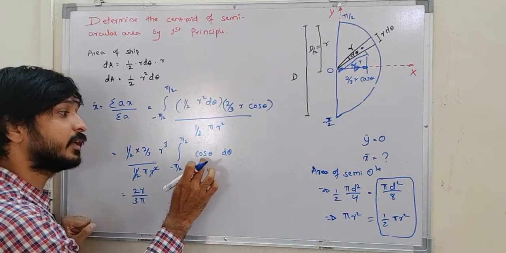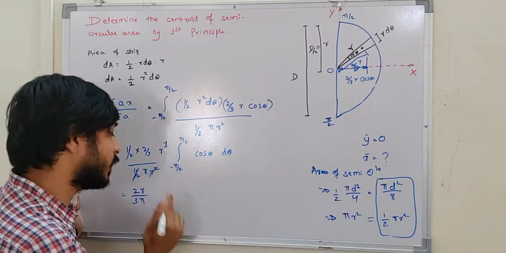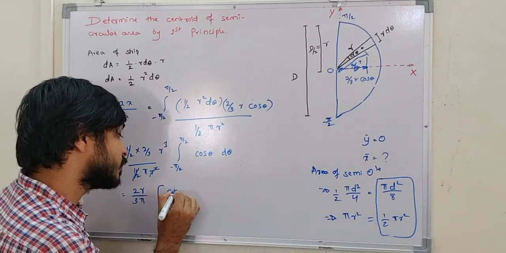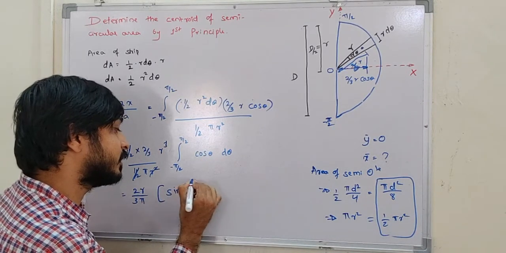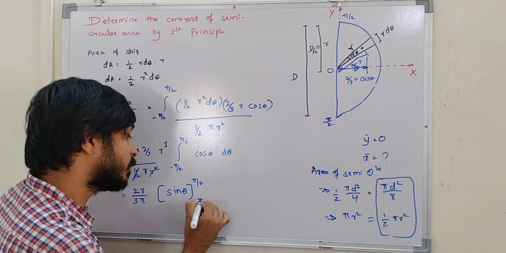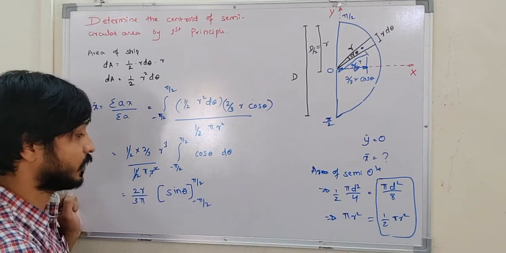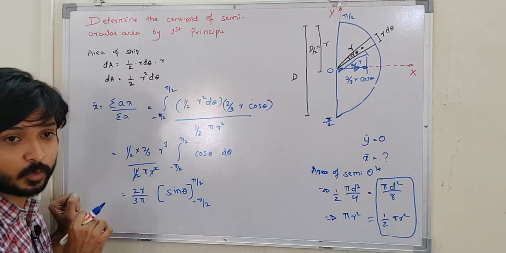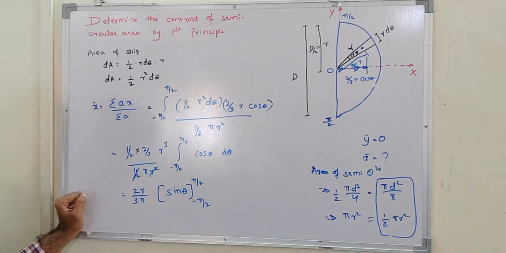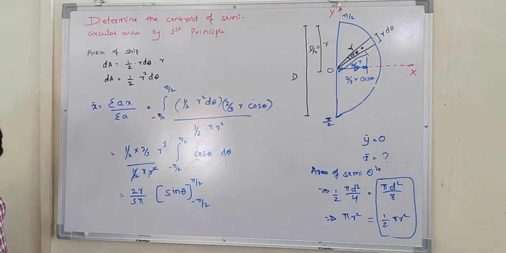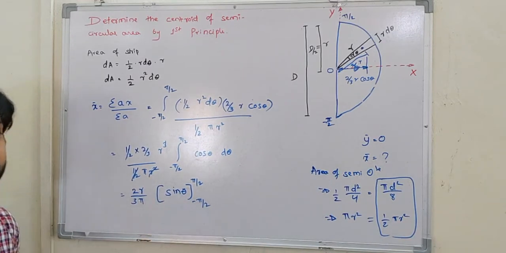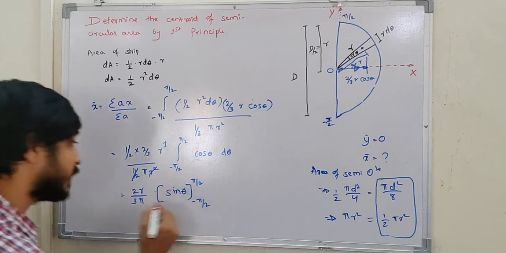So now if I do the integration of this cos theta, what will it become? It will become sin theta, and limits range from pi by 2 to minus pi by 2. Okay, so if I substitute here pi by 2 to minus pi by 2, what is sin 90? Sin 90 is 1. Sin minus 90 is how much? I'll substitute here.